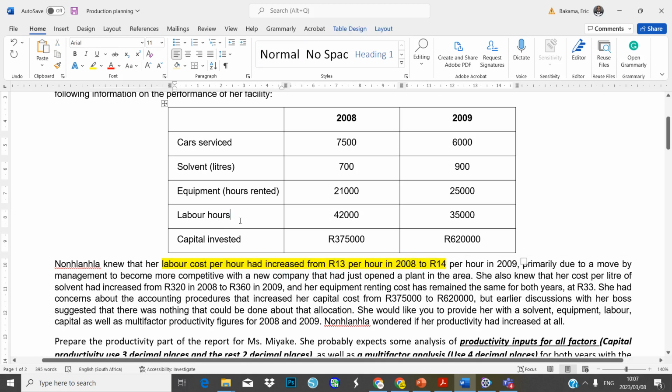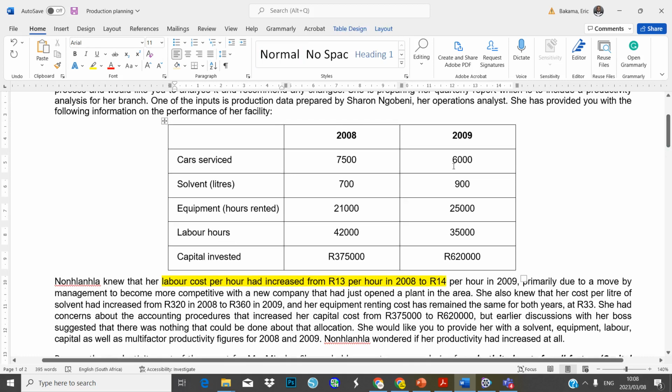So the labor cost here was 42,000 hours, but it has increased from 13 to 14. If we need to look in terms of cost, how am I going to put this? Let me try to put it like this.